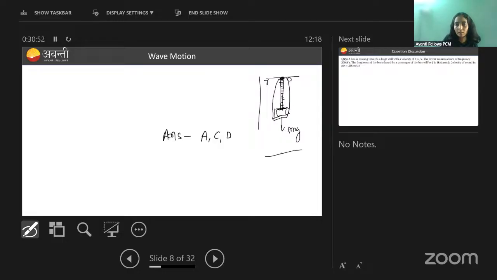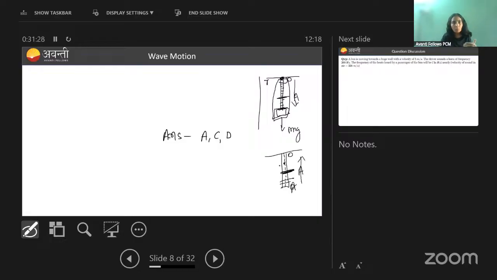Now, when the wave is moving from A to O, it is moving from a low tension point to a high tension point, such that the velocity at any strip dx will be the same. Suppose the pulse started from here. Let's talk about any random position A. At this point, for both waves, the velocity will be the same. The only difference is that one is coming down and the other is going up.